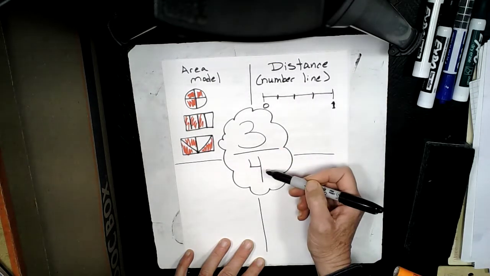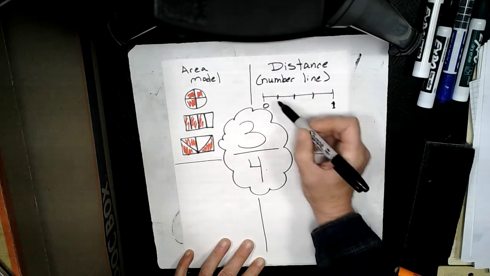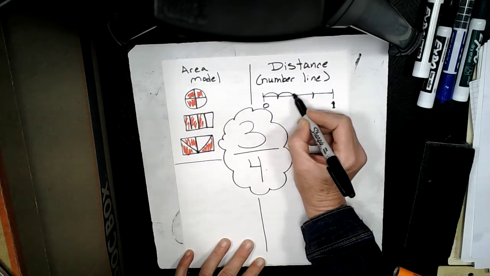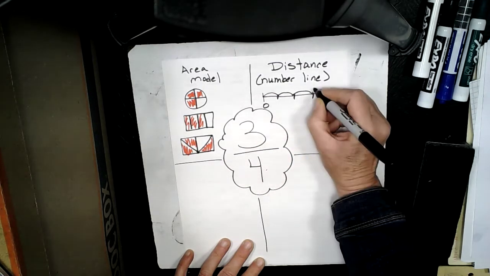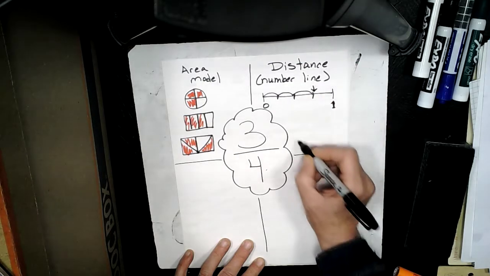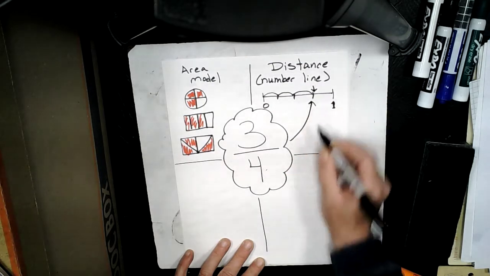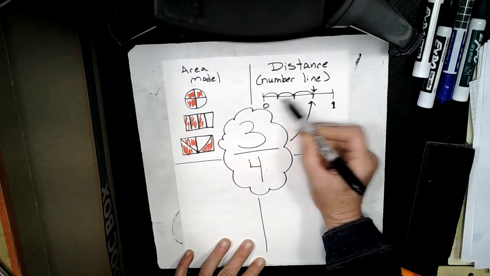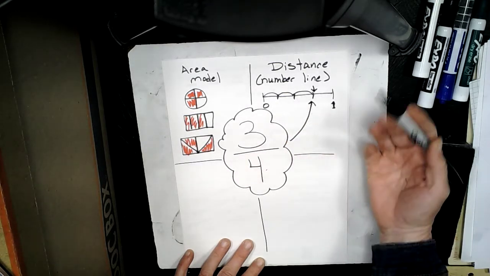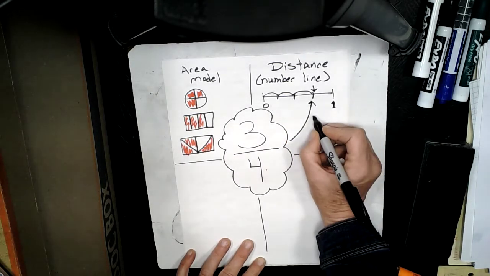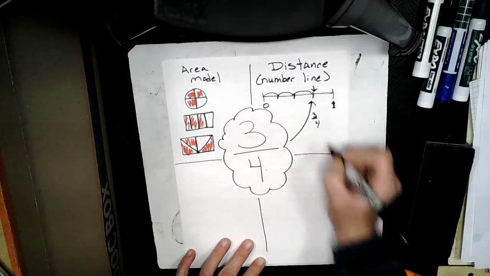There they are. We are describing 3 of them. So we're going to jump 1, 2, 3. 3 out of 4 equal parts. There are 4 equal parts altogether. We're talking about 3 of them. I've walked 3/4 of the way to my home or what have you. So that place on the line is 3/4.